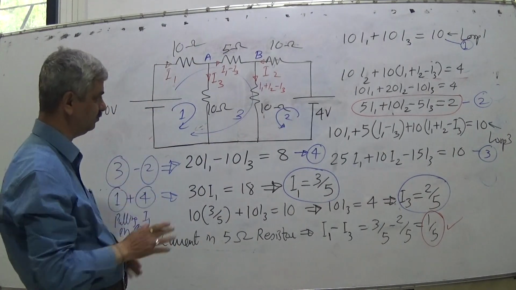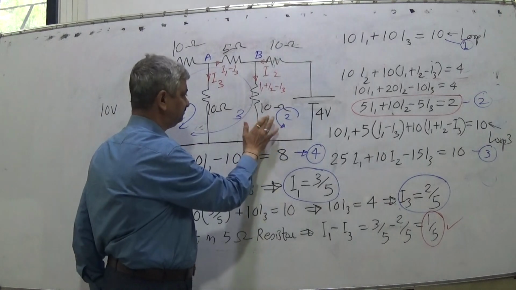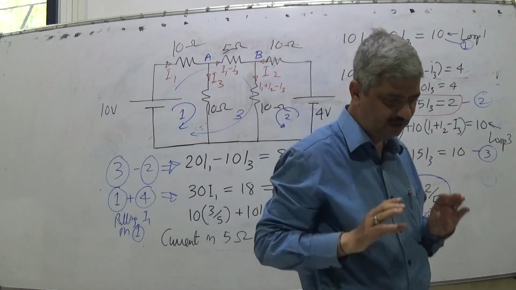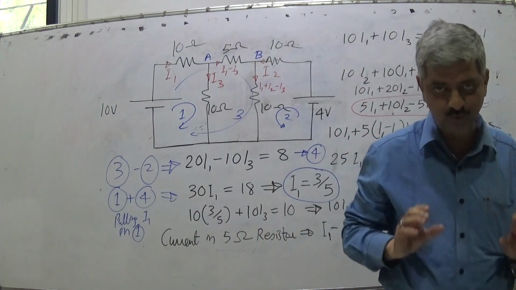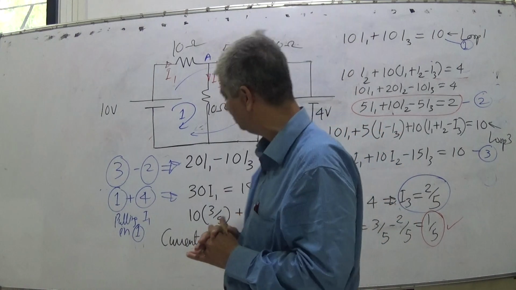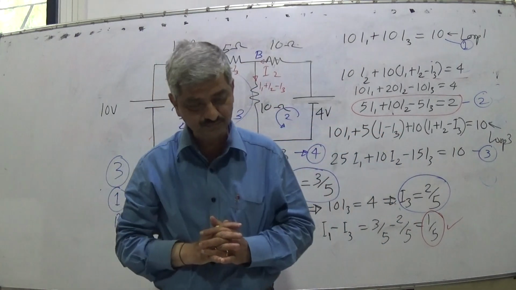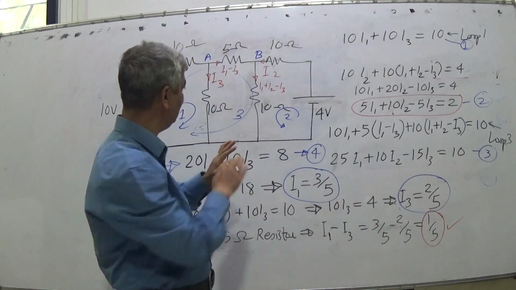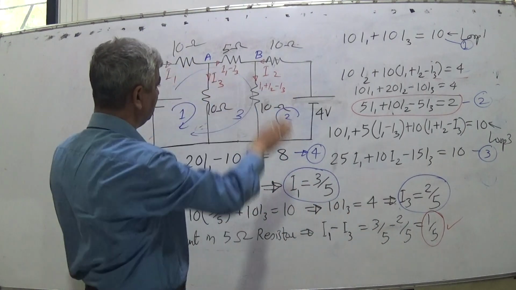So what was told yesterday, that using Kirchhoff's laws we can compute the voltage across any resistor or current through any resistor. We used a simple circuit yesterday. Today we added one arm so that it is somewhat bigger.